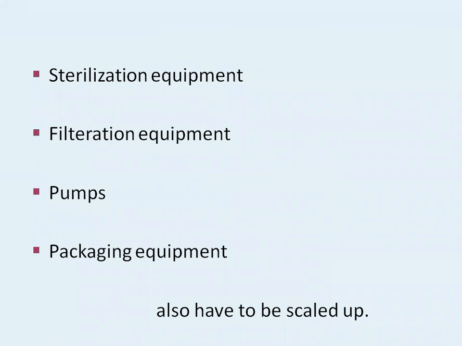Then this is very important: sterilization equipment. Which sterilization equipment are we using during the scale up? What is the filtration equipment? Generally, these parenteral preparations are sterilized by the filtration method, which is very common. At the last, this filtration method is used for the parenteral preparation to avoid the entry of visible particles, or maybe we can say insoluble particles, into the dosage form.